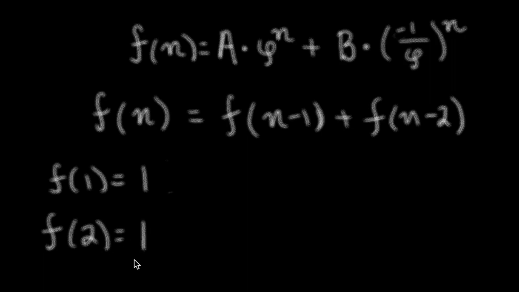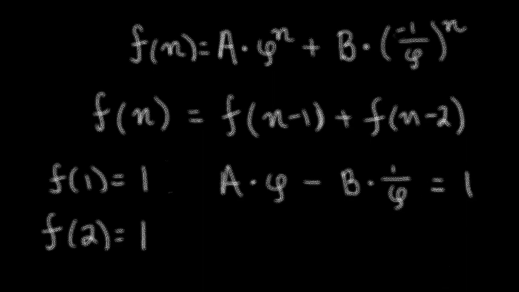Okay, so how are we going to do this? Well, we know that f of 1 should be 1, so let's just plug in n equals 1 to this formula. And what we see is that a times phi plus, well, it's plus, but it's really minus, because it's a minus here, b times 1 over phi should be 1. And now that gives us an equation for a and b.